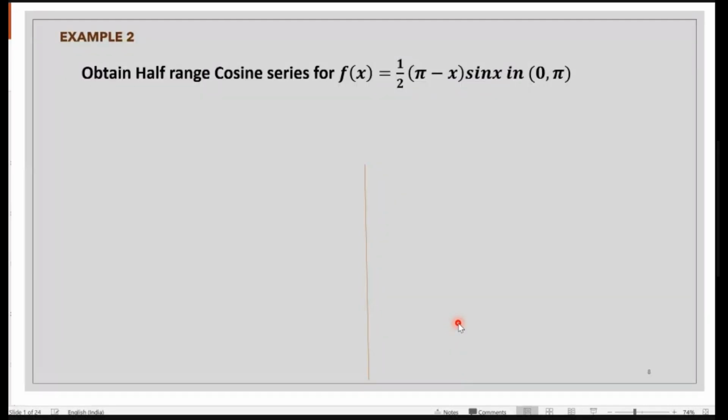Next one. Obtain half-range cosine series for f of x is equal to 1 by 2 pi minus x sin x in 0 to pi.